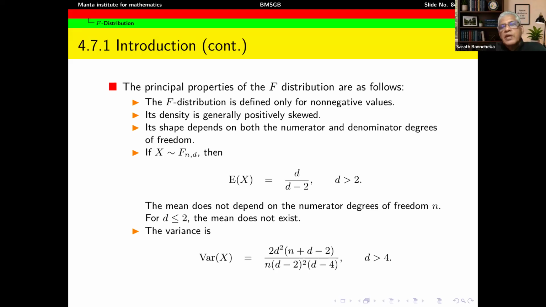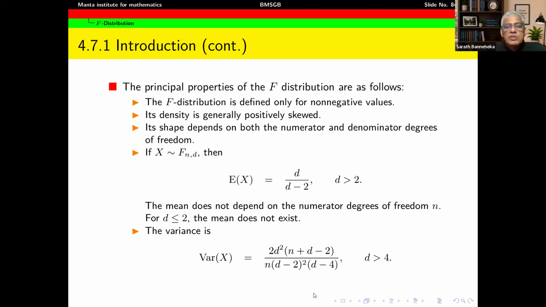The shape of any F distribution is generally positively skewed. Its shape depends on both the numerator and denominator degrees of freedom, and later on we will see how the shape changes with these degrees of freedom.